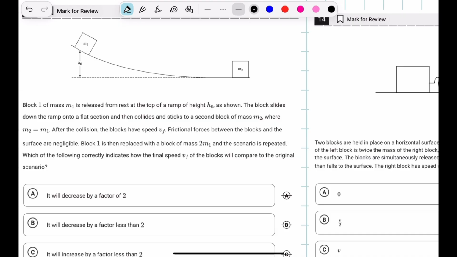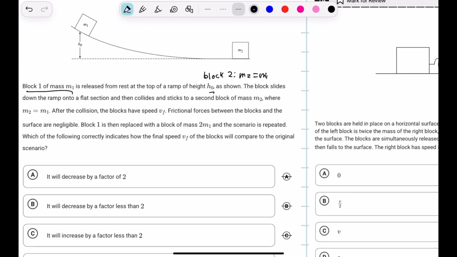Okay, so block 1 m1 and block m2. We know block 2 has mass m2 equal to m1. Block 1 was at height h initial. This is also frictionless, and then it sticks.